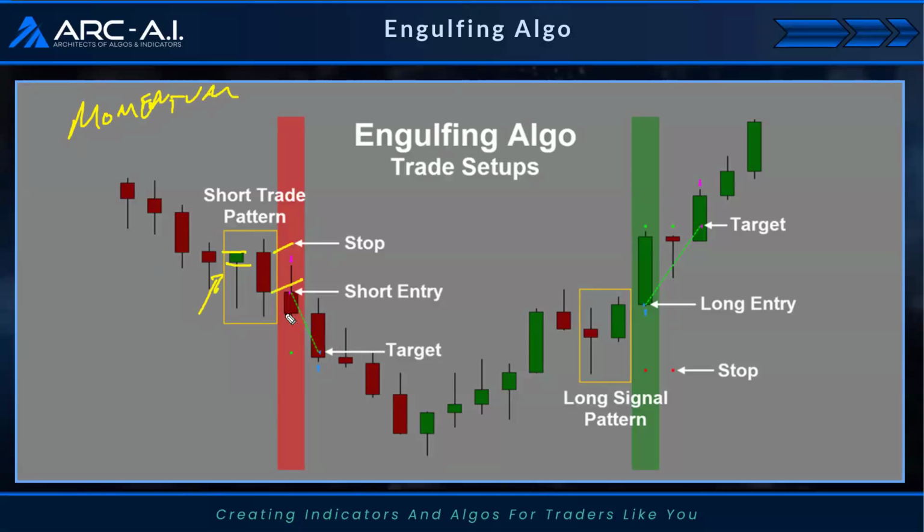It also happens to be counter-directional. In this case as well, the body of this bar is completely engulfed by the body of the next bar. As soon as it sees that, it's entering long at bar close. It sees the bearish bar and enters at bar close. So this is going to be the engulfing patterns.